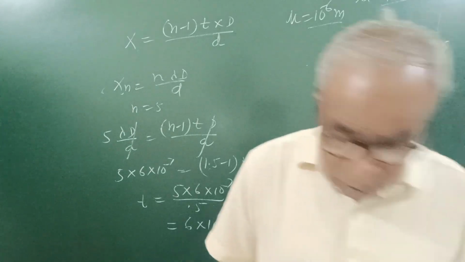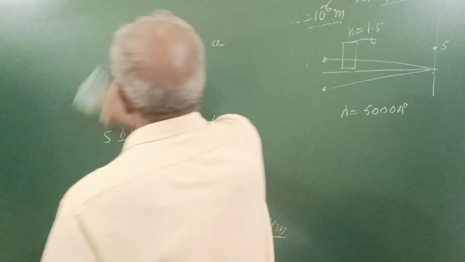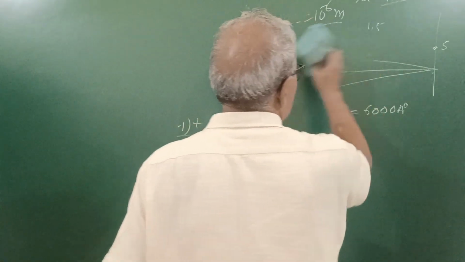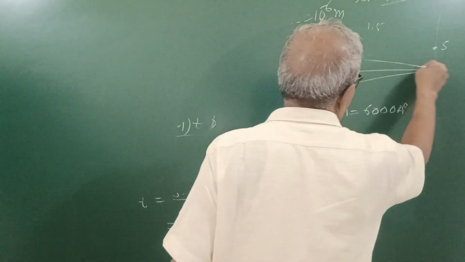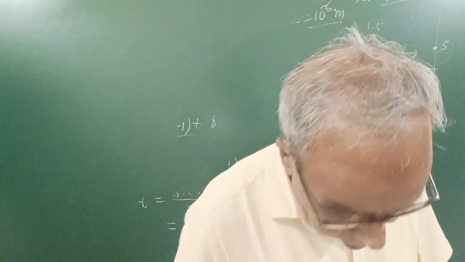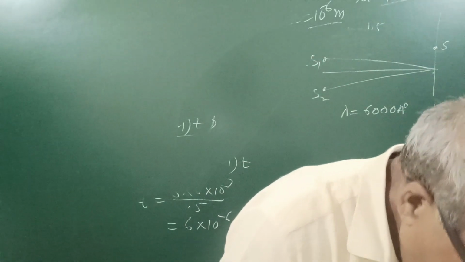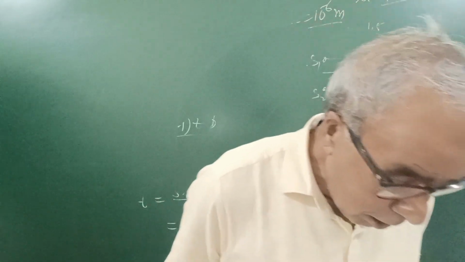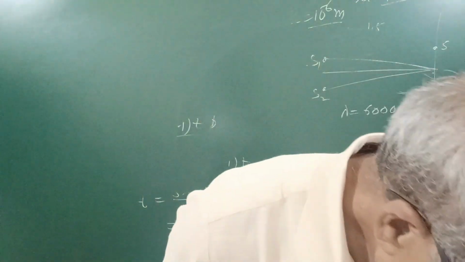Young's double slit experiment, the same diagram, please keep in mind, S1, S2. Young's double slit experiment is first performed in air and then in a medium other than air.